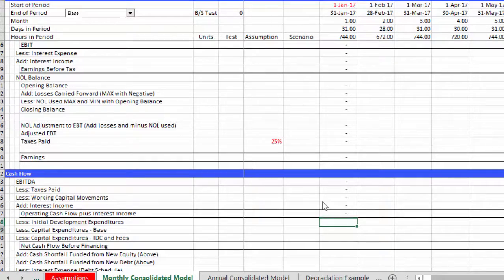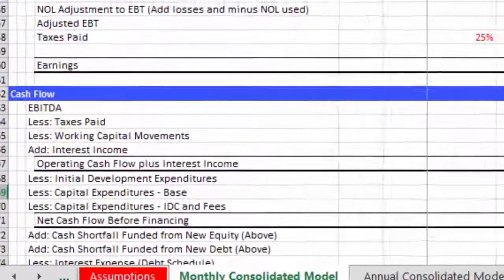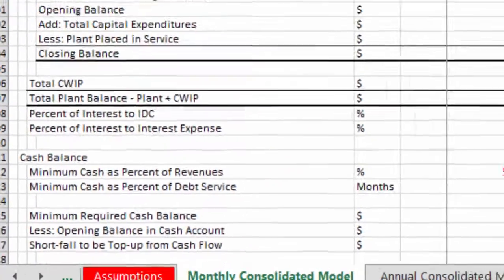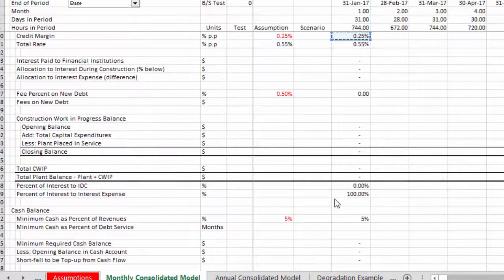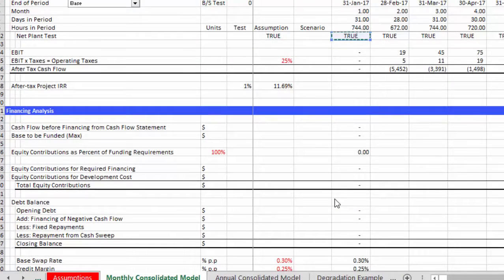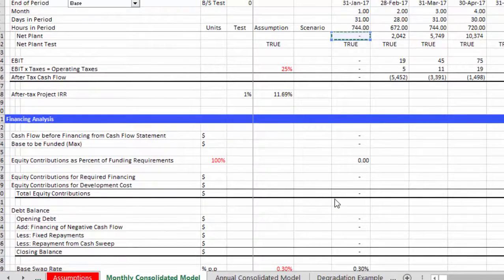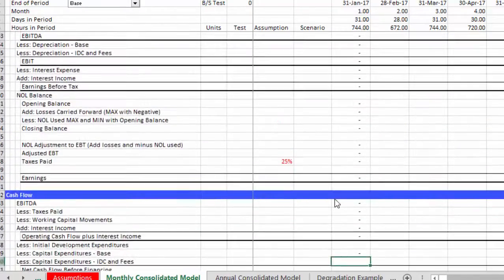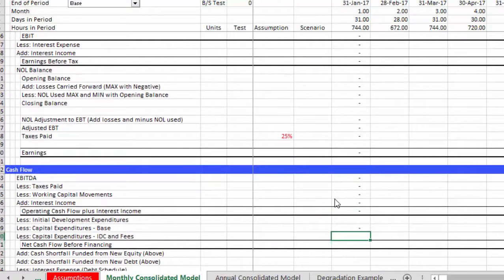The development expenditures, that's our company's own development expenditures. But the capital expenditures have been defined up here in the pre-cash flow. Why am I stuttering so badly?